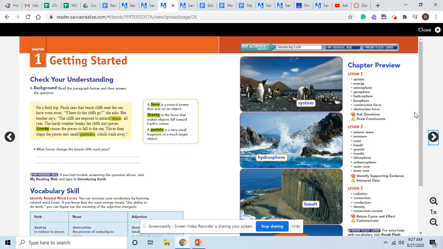So we'll have the words system on the top right, energy, atmosphere, geosphere, hydrosphere, biosphere, constructive force, and destructive force. We know that for our first lesson, we are going to have those vocabulary words. So we'll have 8 words that we will have in our notebook.